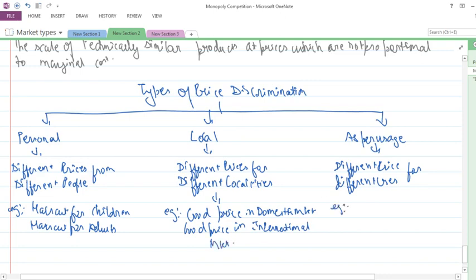And similarly, price discrimination according to usage: electricity charges for industrial and domestic usage. In that case, the price discrimination is according to the usage.